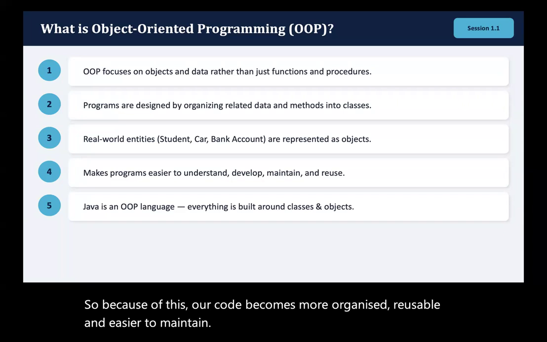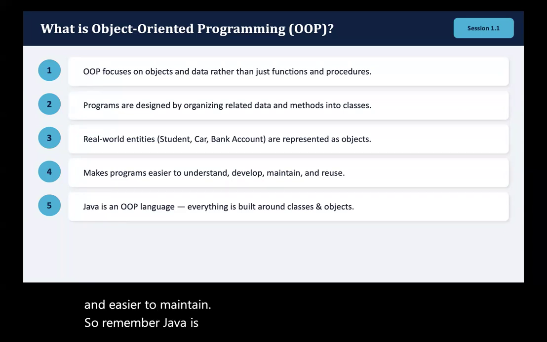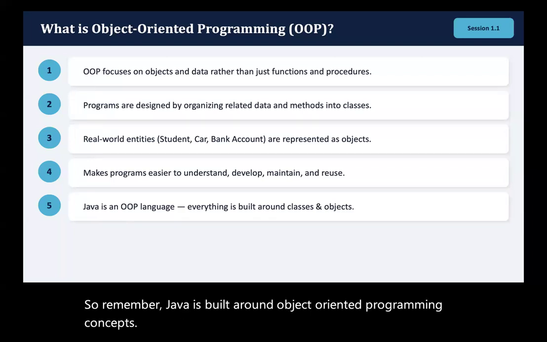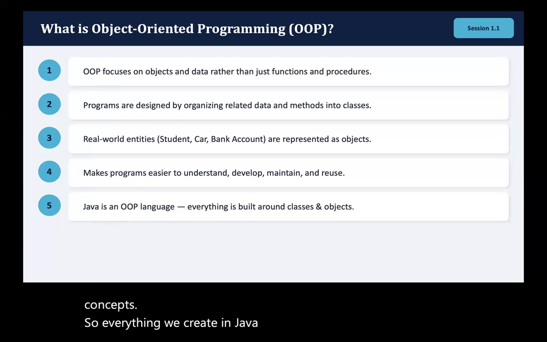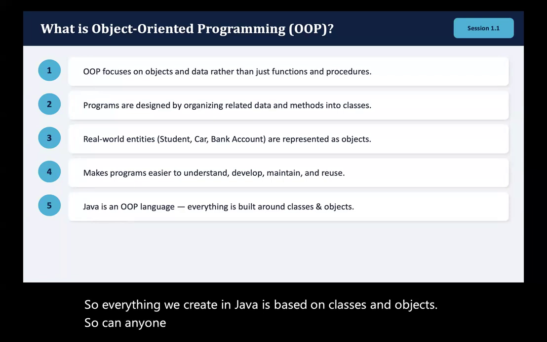So remember, Java is built around object-oriented programming concepts. Everything we create in Java is based on classes and objects. So can anyone give me an example of a real-world object that we could represent in a program?